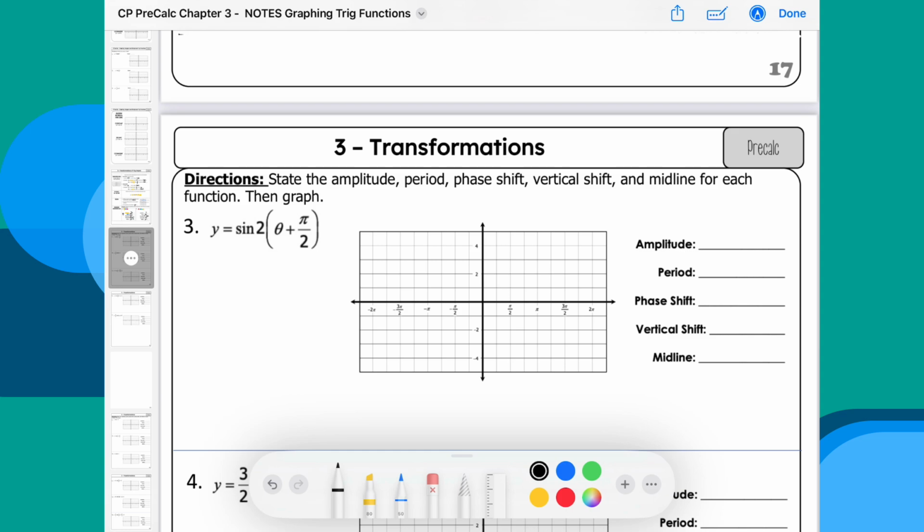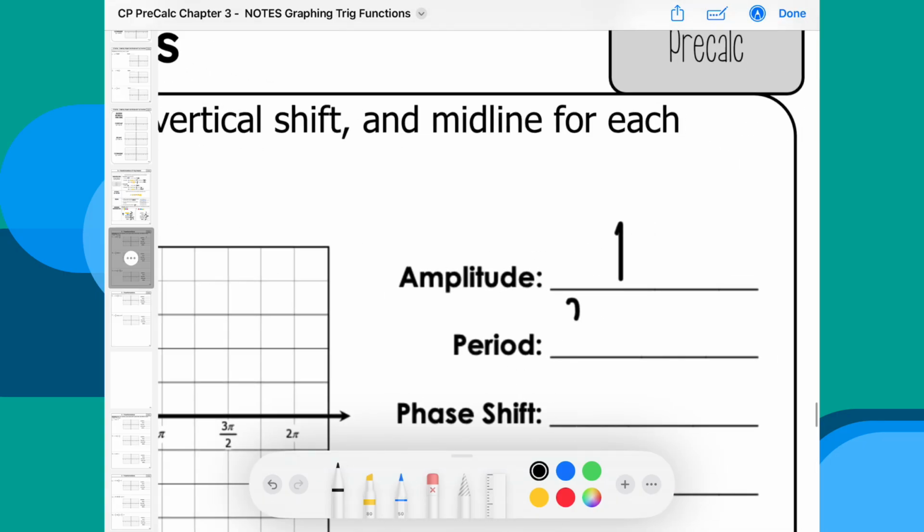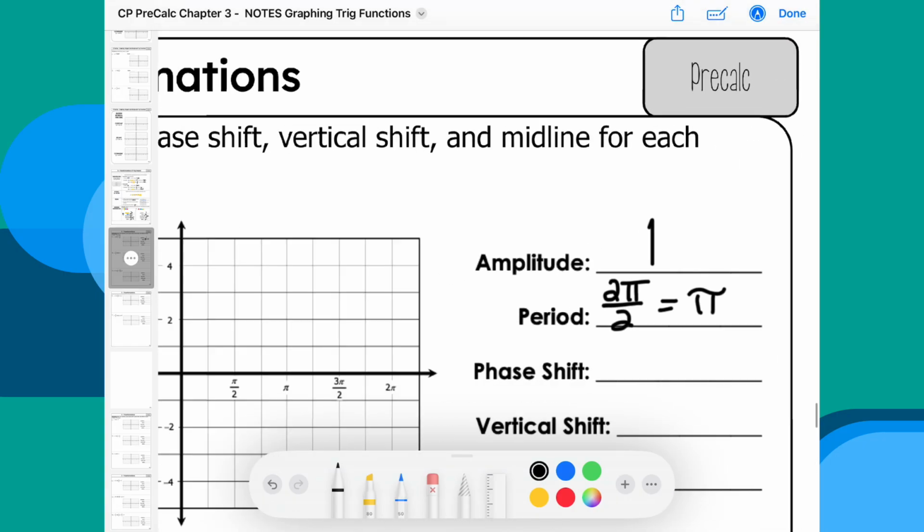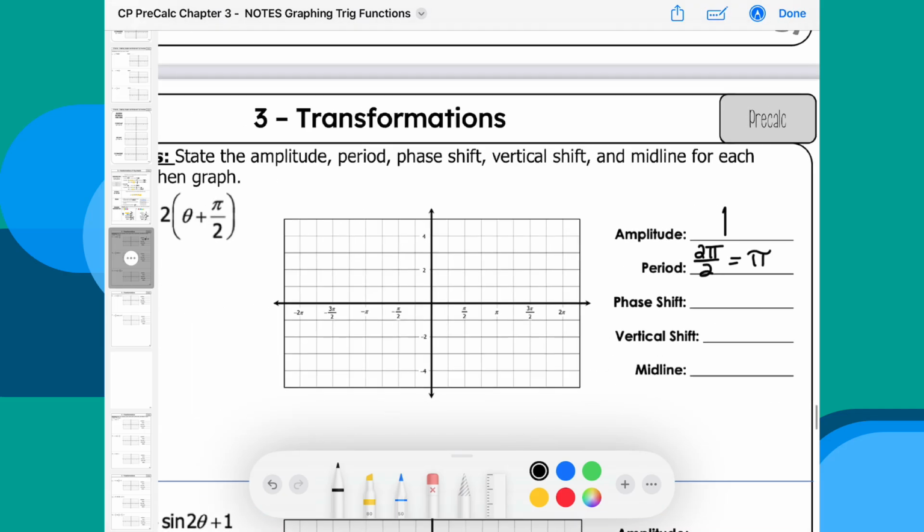Looking at question number 3, we can see that our amplitude is just going to be 1. We don't have an A value, so our amplitude is 1. For our period length, we are taking 2 pi and dividing it by 2, leaving our period length of pi.